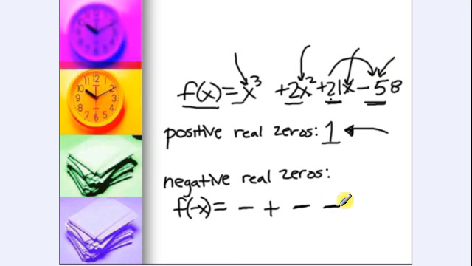So with f of negative x, I have 2 sign changes, from negative to positive, positive to negative. So with 2 sign changes, that means that there are 2 negative real zeros, or subtract 2 from that, 0 negative real zeros. And for this particular problem, we saw that we had 0 negative real zeros because our other 2 zeros were imaginary.